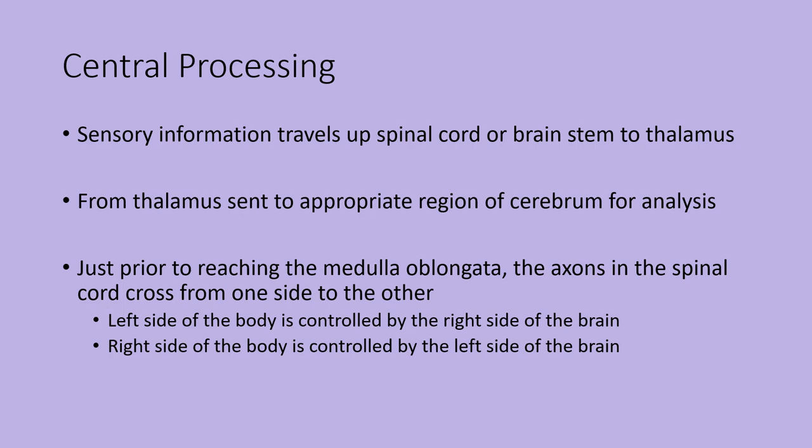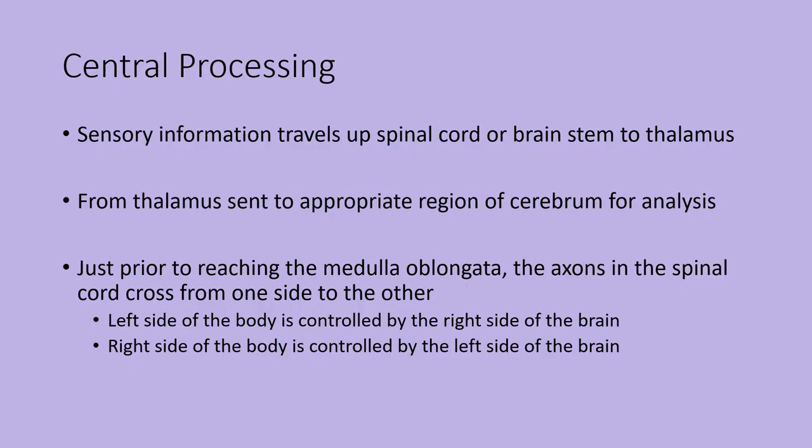Remember, the thalamus acts as a relay station. So it's going to take this information and send it to the appropriate region of the cerebrum for analysis. Auditory information tends to go to the temporal lobe. Vision often goes to the occipital lobe. So it's going to send it to the appropriate region.